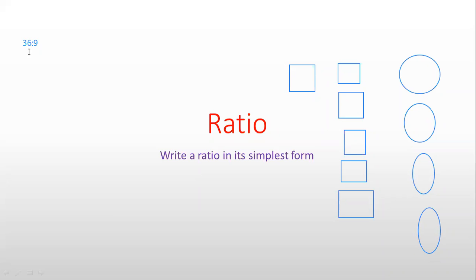Because I can divide 36 by 9, and also I can divide 9 by 9. So 36 divided by 9 equals what? 4. Yes, exactly. So it will be 4 to what? 1. Yes. So this is in the simplest form.